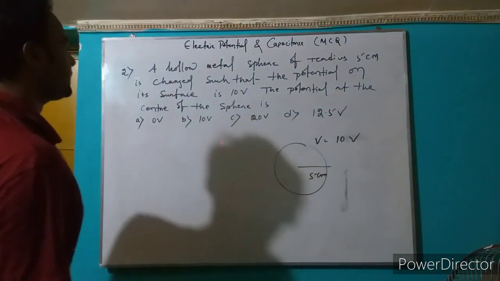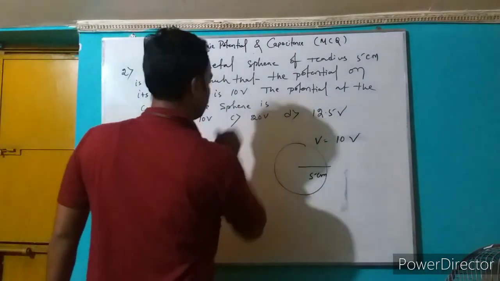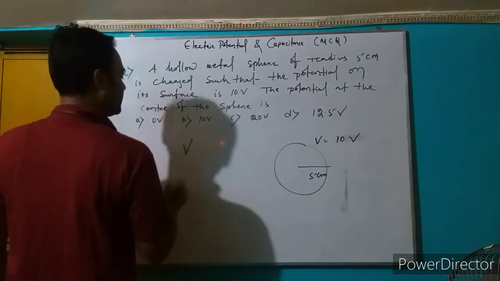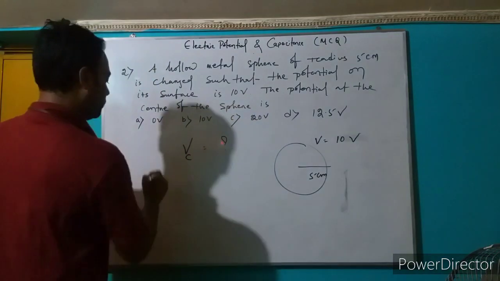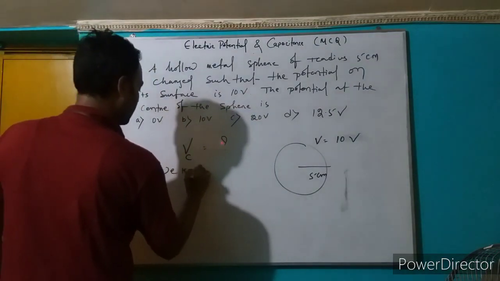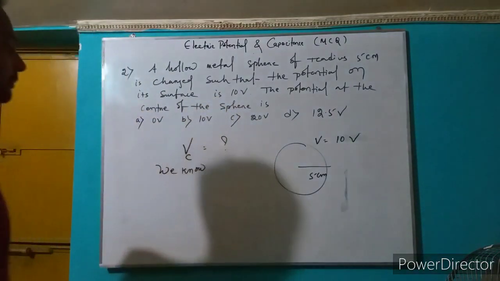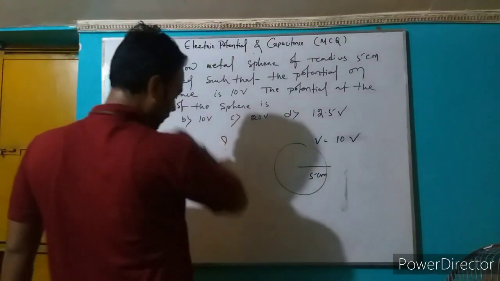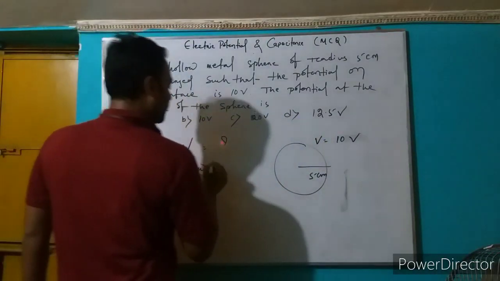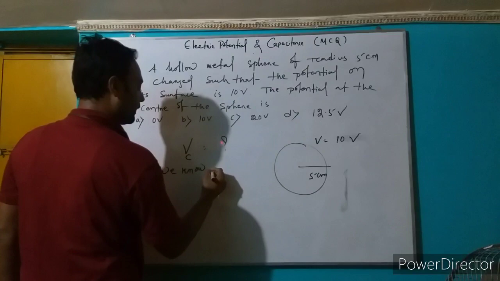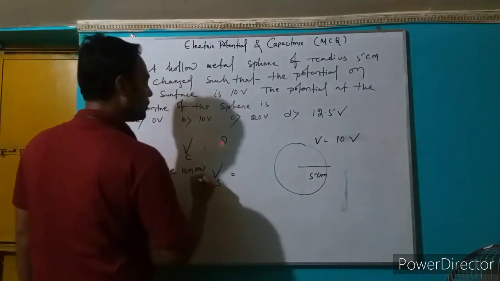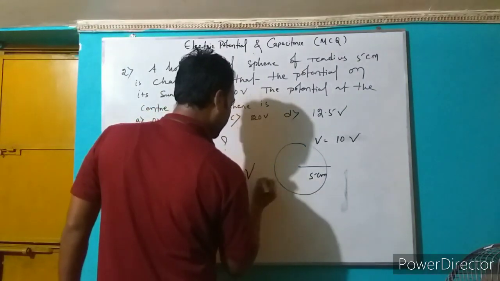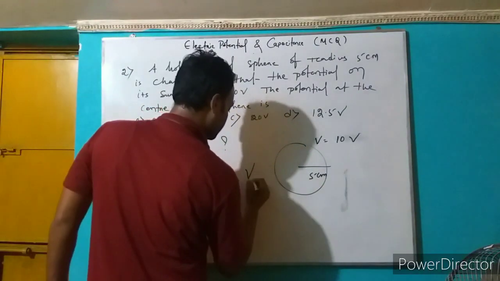The potential at the center of the sphere. We know the potential on the surface is equal to the potential inside, at the center of the sphere.